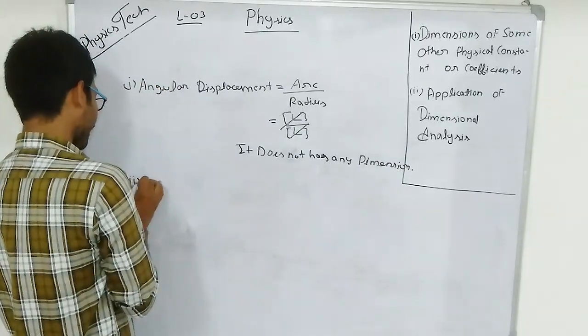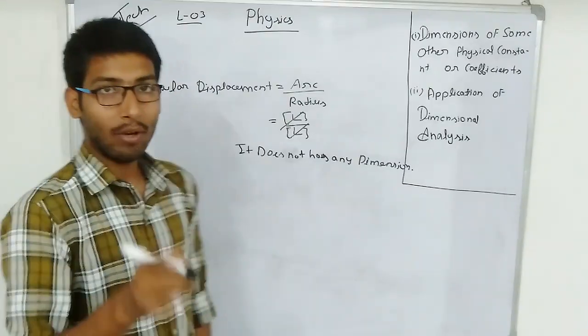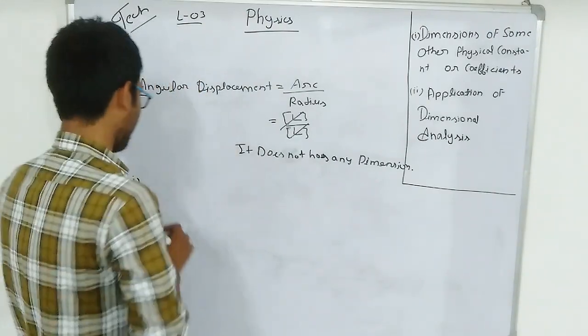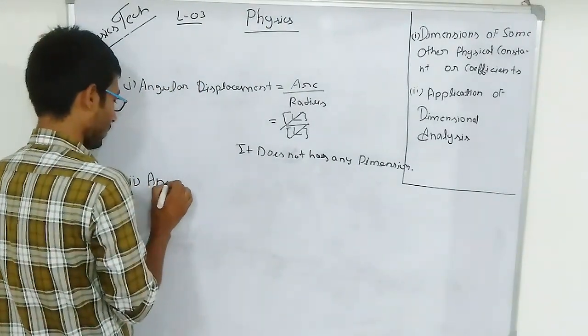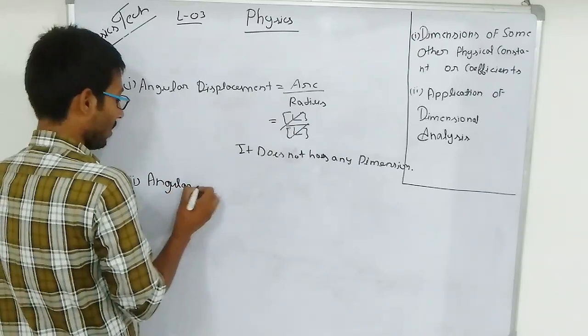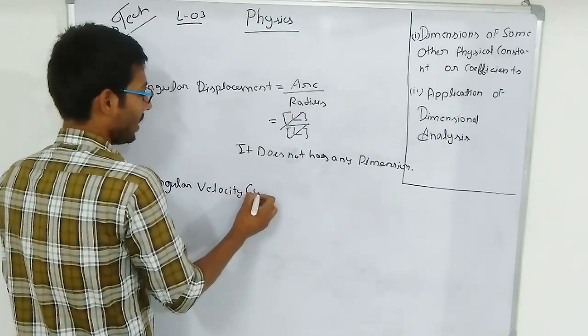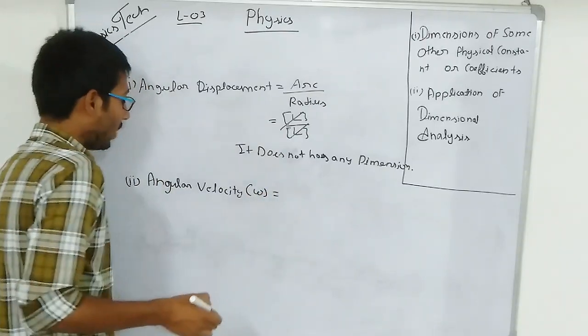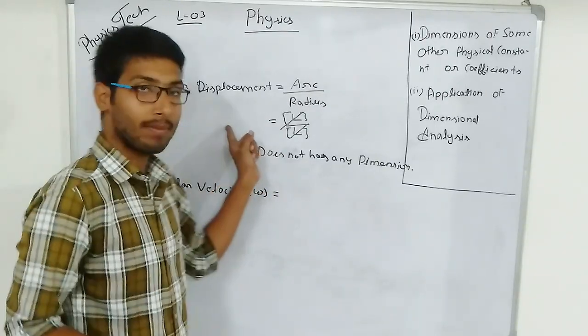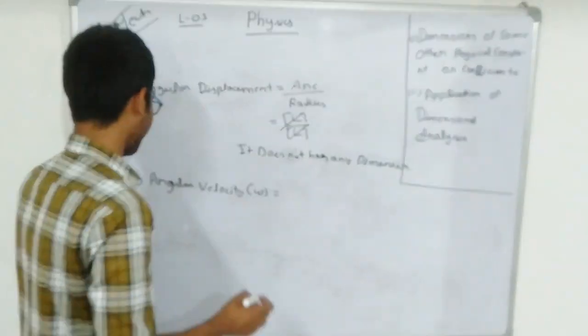Number second is angular velocity, means omega. We know that angular velocity is equal to angular displacement upon time.